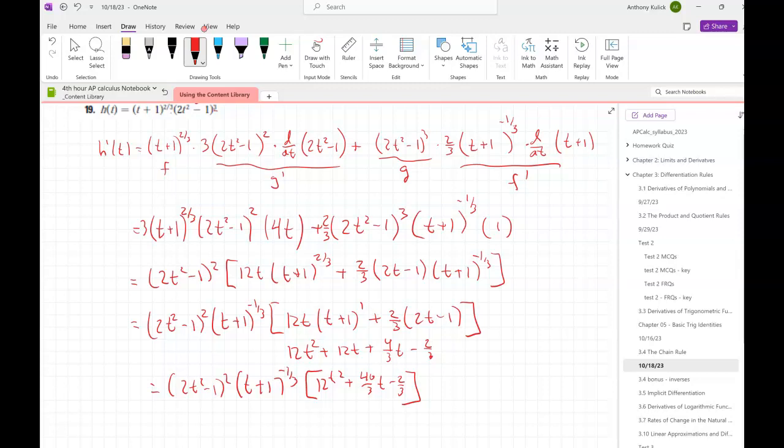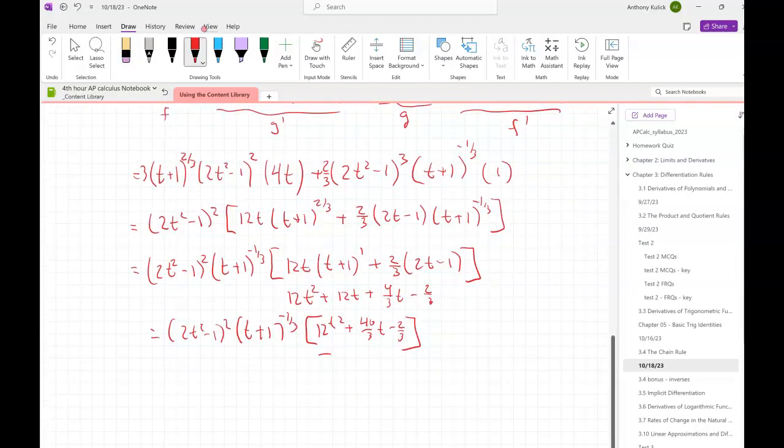I just got more stuck with the back part. Right, yeah. So when they got 2/3 times t plus 1 to the negative 1/3 times 2t squared minus 1 squared, all they did is they took a 2/3 out of this and put it in the front. So they factored a 2/3 from here.